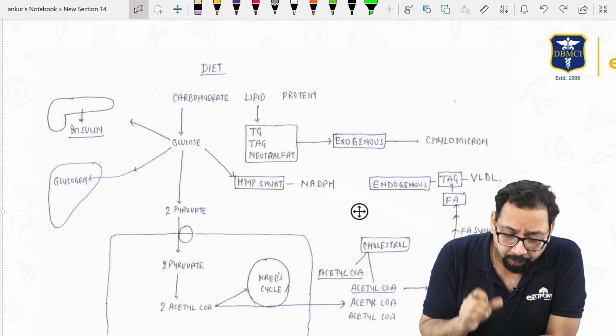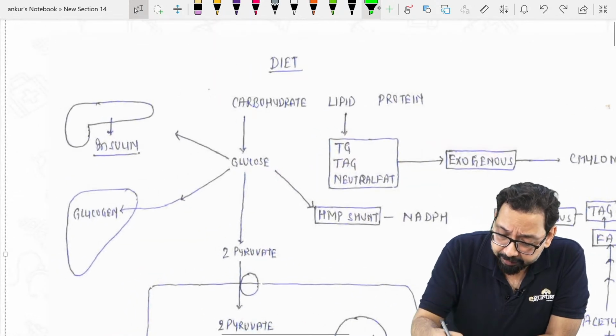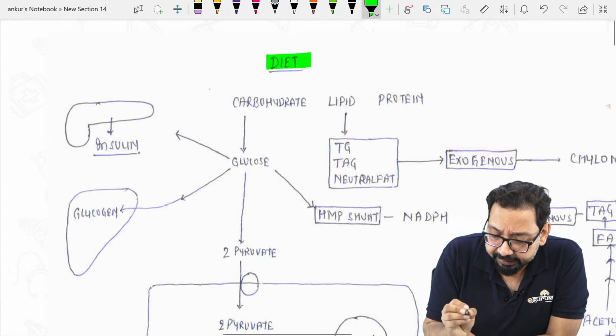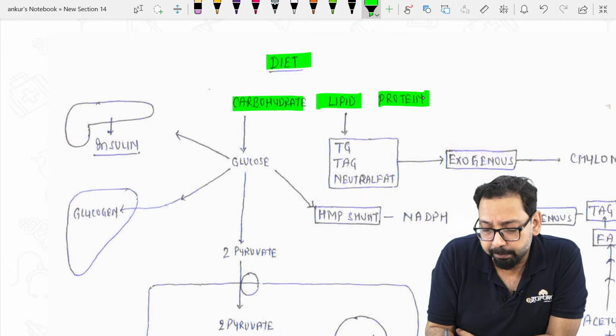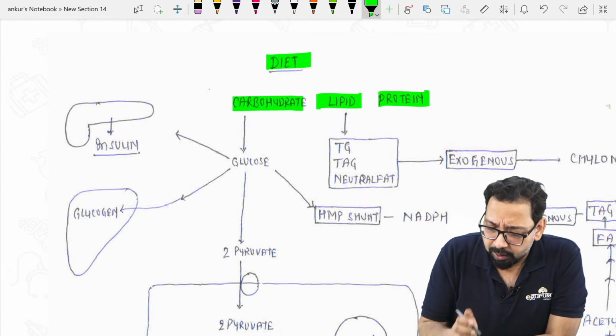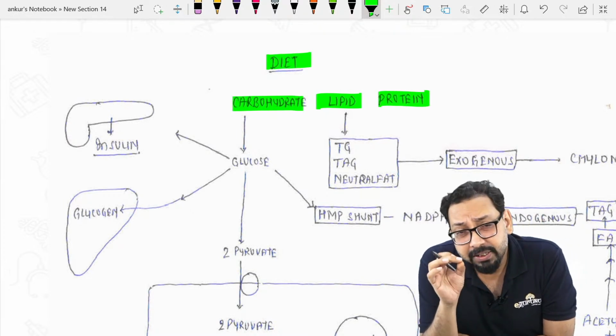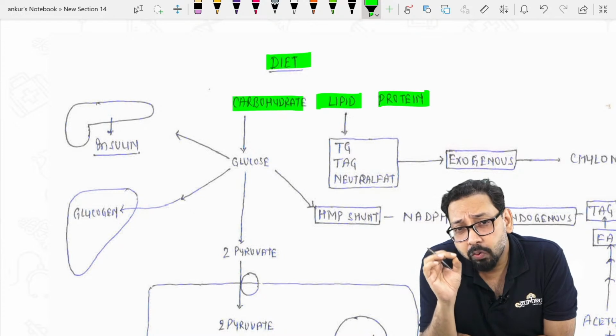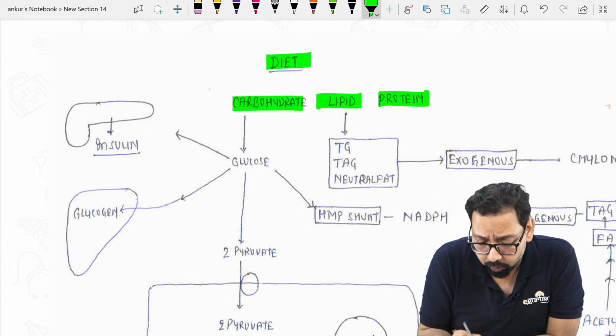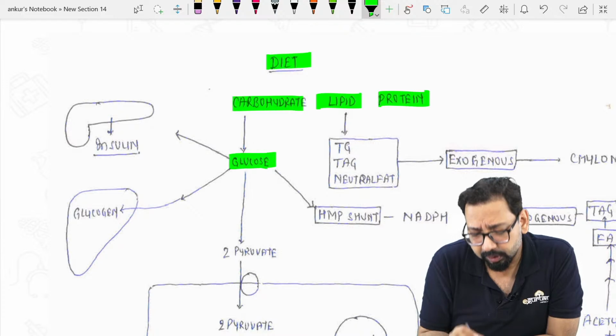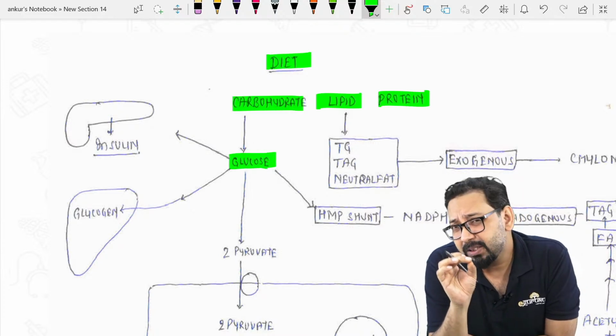Okay. So the diet we take, you all know, is made up of carbohydrate, lipid and protein. The representative of carbohydrate, or the prototype of carbohydrate, is glucose. So carbohydrate means glucose.